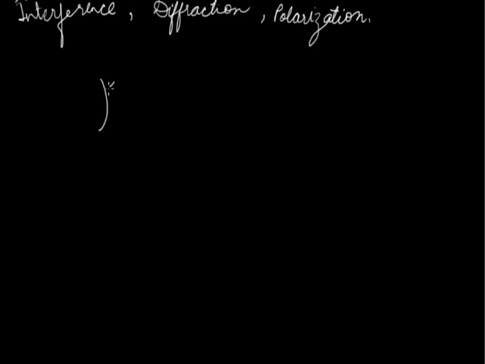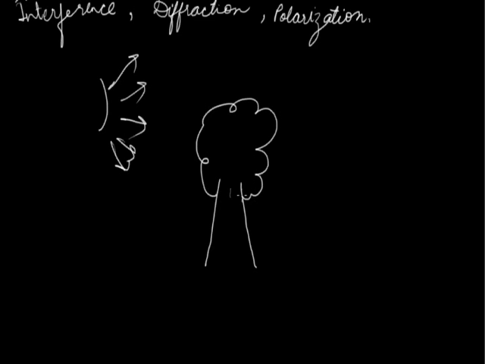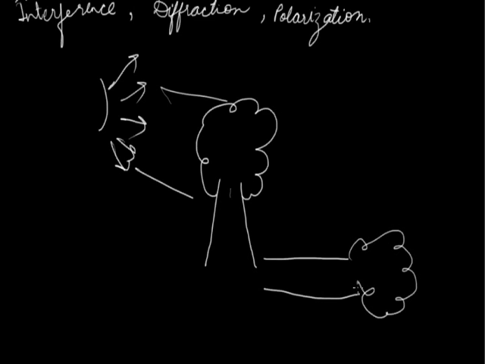As we know, when light energy travels, if an obstacle is posed in the path of the light ray, shadows form. And why is it so?